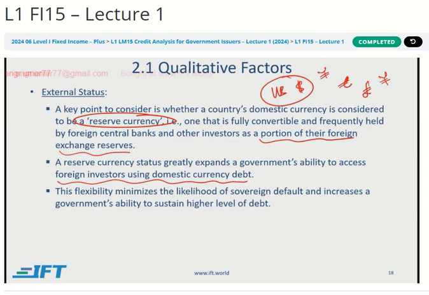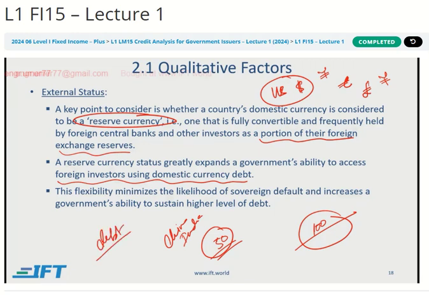And that's why, remember when I was saying, what is a good debt to GDP ratio? So a country like the US has maybe a higher debt to GDP ratio than other countries like China or India, right? And we might say, oh, China and India are better than the US because their debt to GDP is lower.